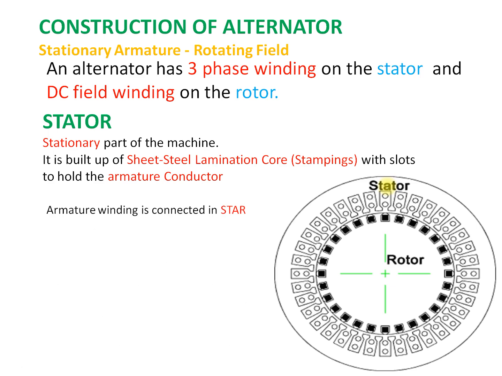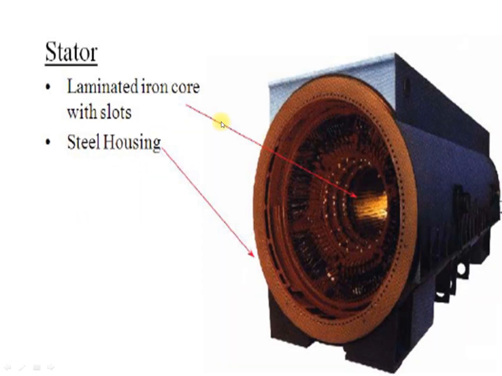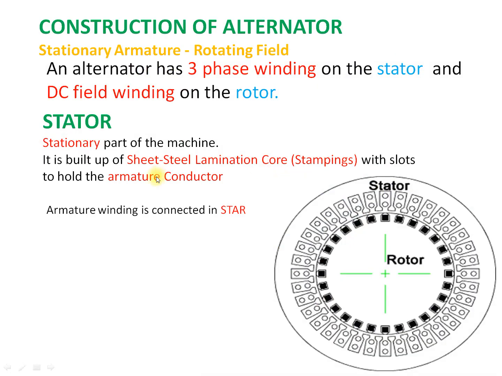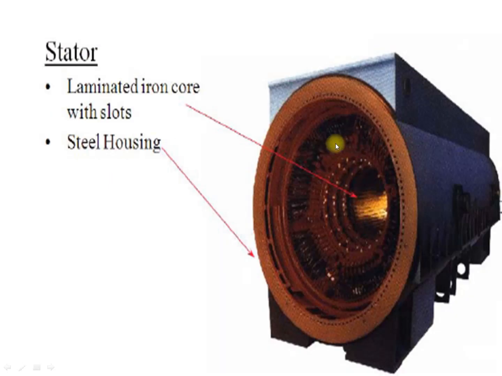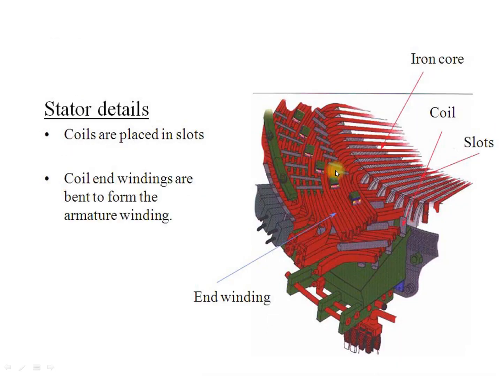As this armature winding is three phase, it can be connected in the star arrangement. So this is the stator arrangement. Here is the stator steel housing, or the yoke of the machine, and the stampings are placed onto the laminated iron core with the slots inside this steel housing. So these are all the stator details.